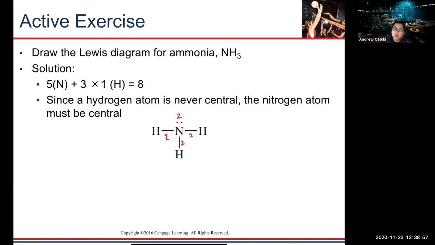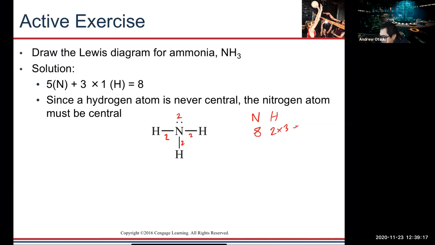If you're not sure how many bonds there are supposed to be, you could do this. We calculate how many valence electrons there are in the formula, but remember, nitrogen wants 8 electrons and hydrogen wants 2 electrons. So that's 2 times 3 for the 3 hydrogens.